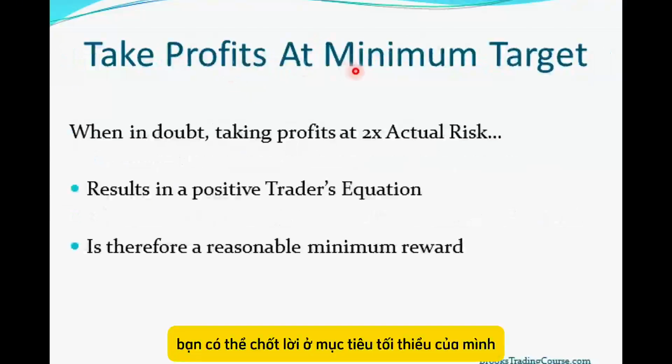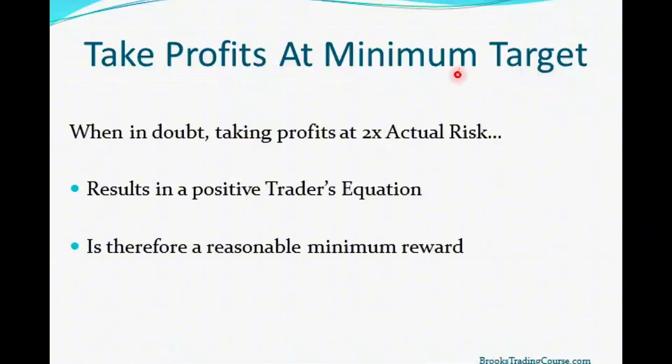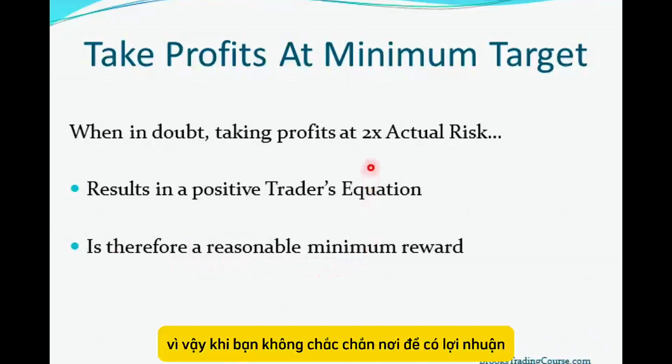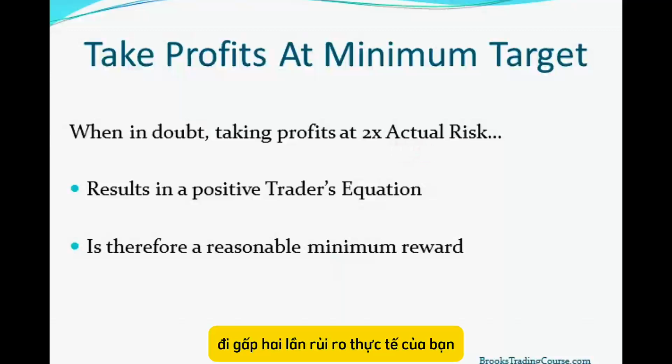You can take profits at your minimum target. When in doubt, you always take profits at 2 times actual risk, and this results in a positive equation. It is also, therefore, a reasonable minimum reward. So when you're not sure where to take profits, go for 2 times your actual risk.